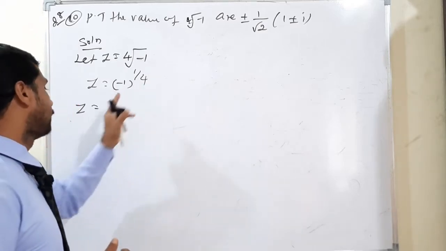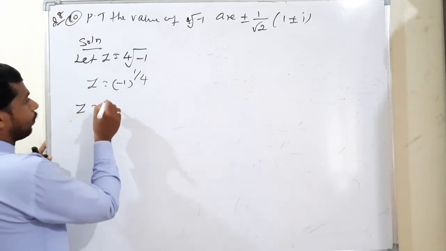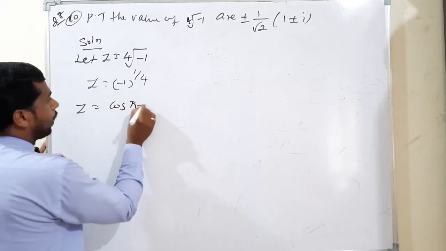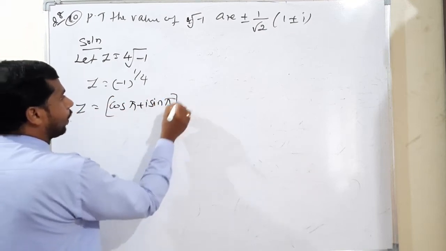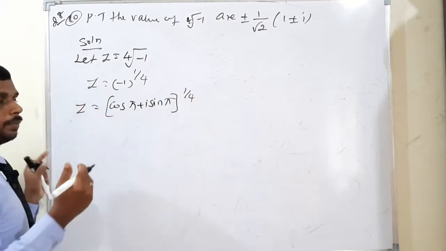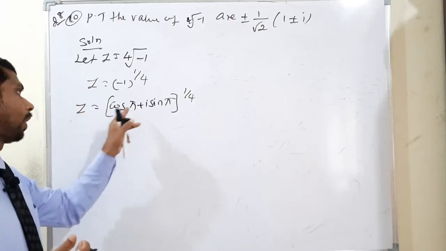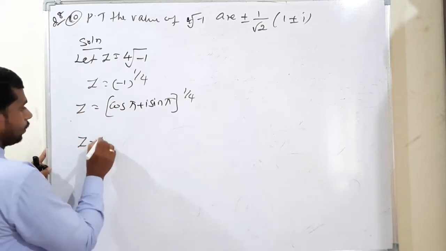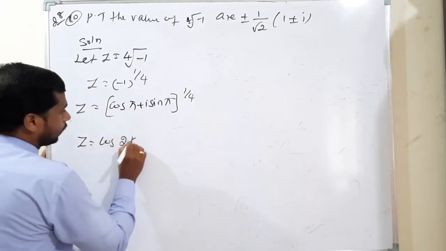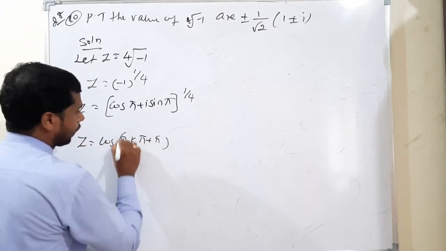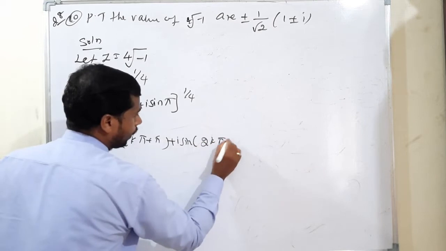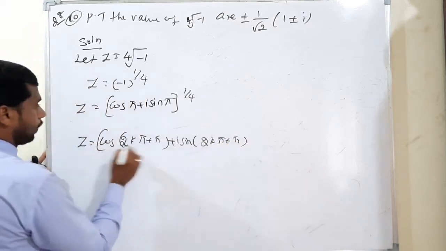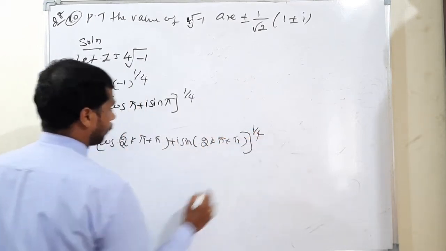So instead of minus 1 we can write it in basic form (cos pi plus i sin pi) the whole power of 1 by 4. What is the general term of polar form? Add 2k pi. So z is equal to (cos(2k pi plus pi) plus i sin(2k pi plus pi)) the whole power of 1 by 4.